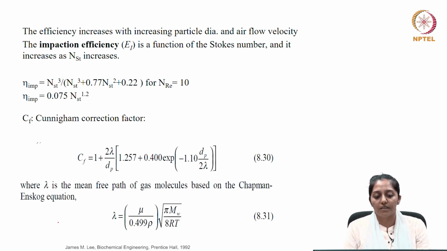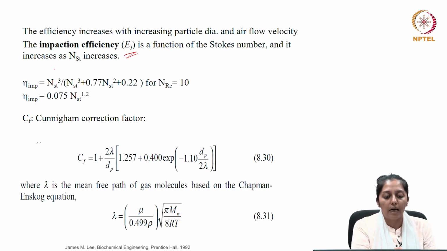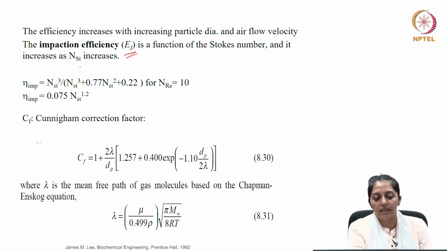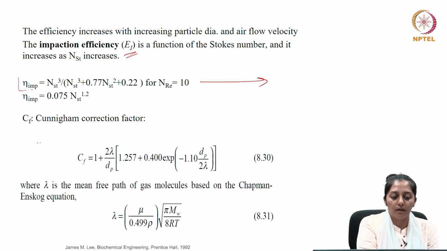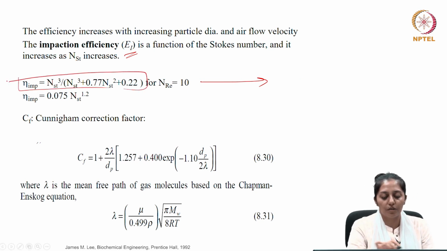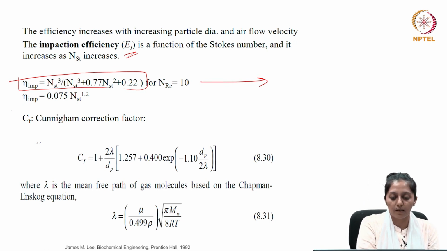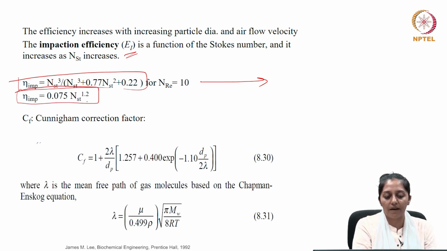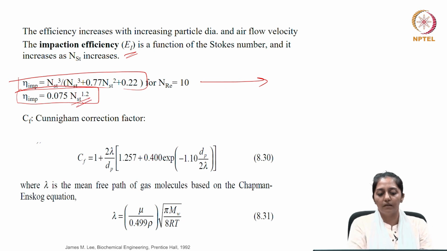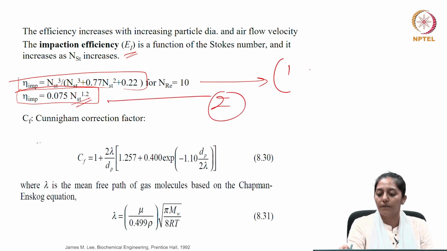So, impaction efficiency, defined as EI, is a function of Stokes number and it increases as the Stokes number increases. Here, for Reynolds number equal to 10, an empirical relationship for the inertial impaction efficiency is given in terms of Stokes number, and for other than 10, the efficiency of impaction is defined by the second empirical equation.